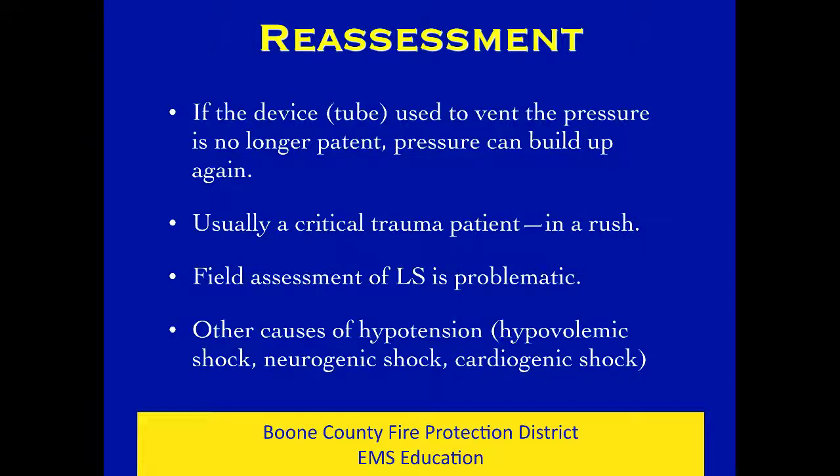And they can become kinked, they can become clogged up, they can clot off, and in many cases, unless your transport time is really, really short, you end up with more than one needle in the chest on the same side to retreat a redeveloping tension pneumo. So these patients are usually a hurry up and go kind of thing.